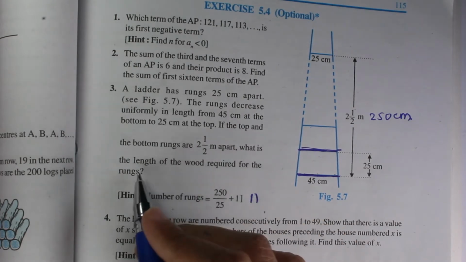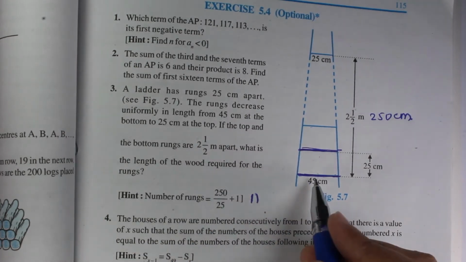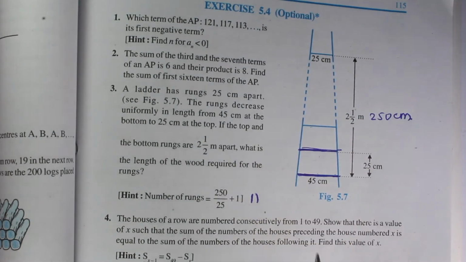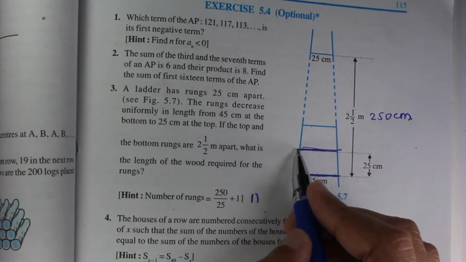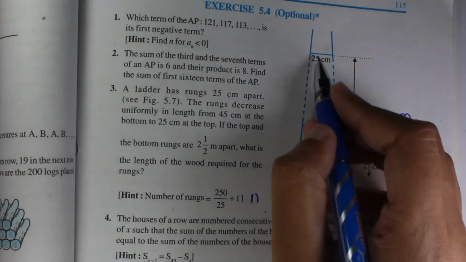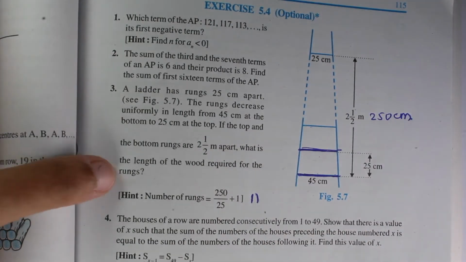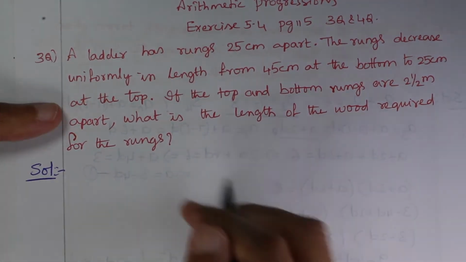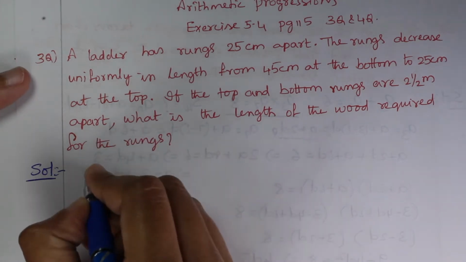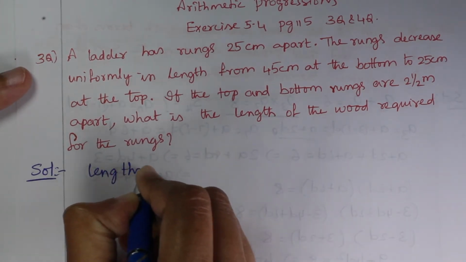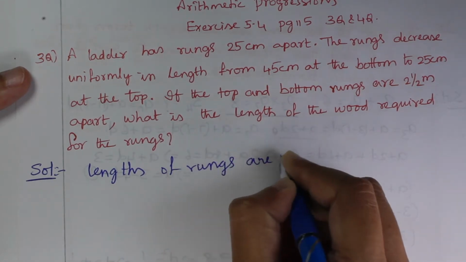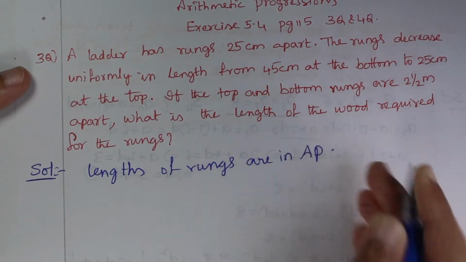Now we have to find out the length of the wood required for these rungs. That is, we have to find the sum of the lengths of the rungs. I have told that the lengths of these rungs form an arithmetic progression.